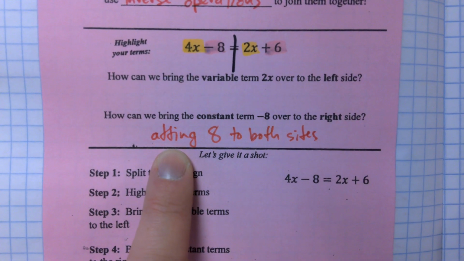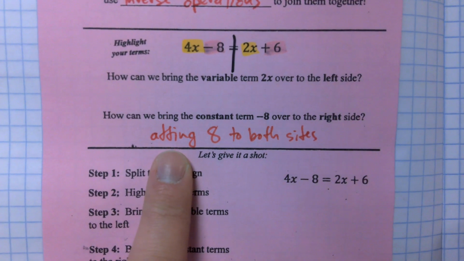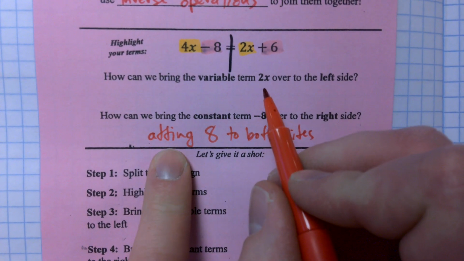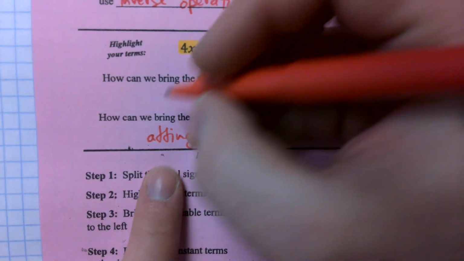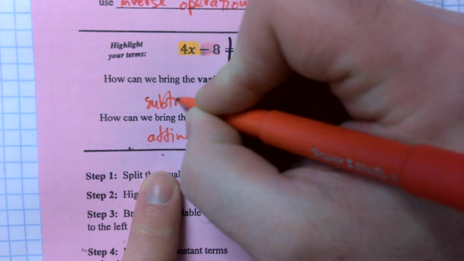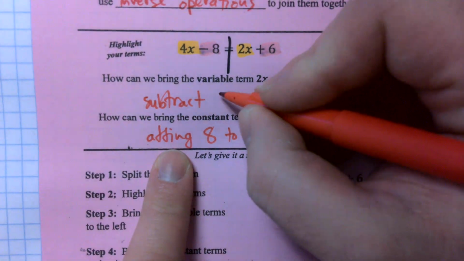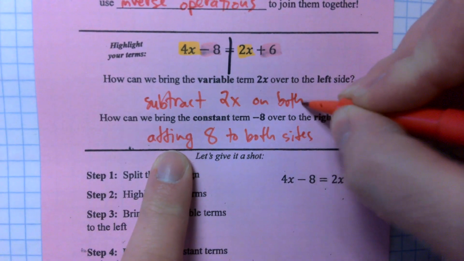You guys with me on that? Okay. Is 2x positive or negative? 2x is positive. So what's the inverse of a positive 2x? Subtraction. That may sound a little confusing, but it'll make sense when we see it. Subtract 2x on both sides.